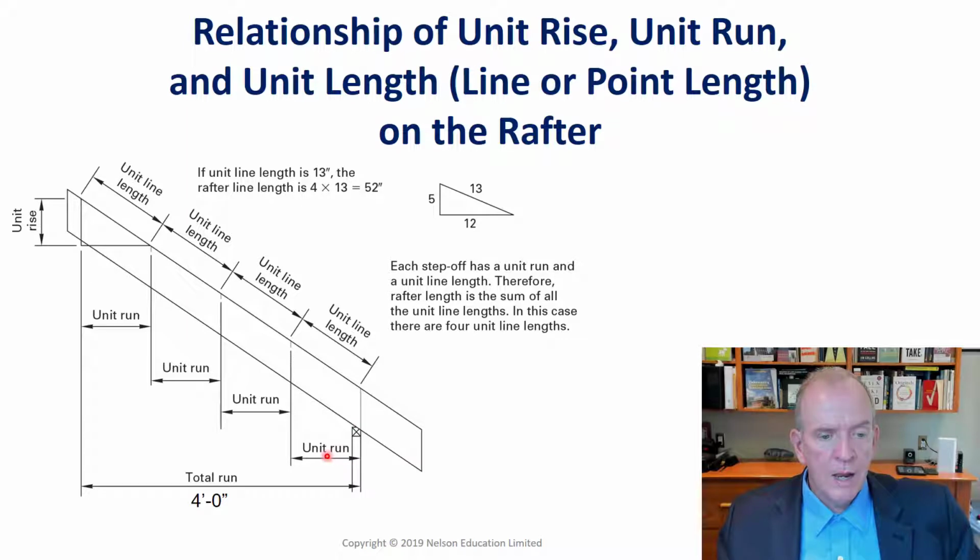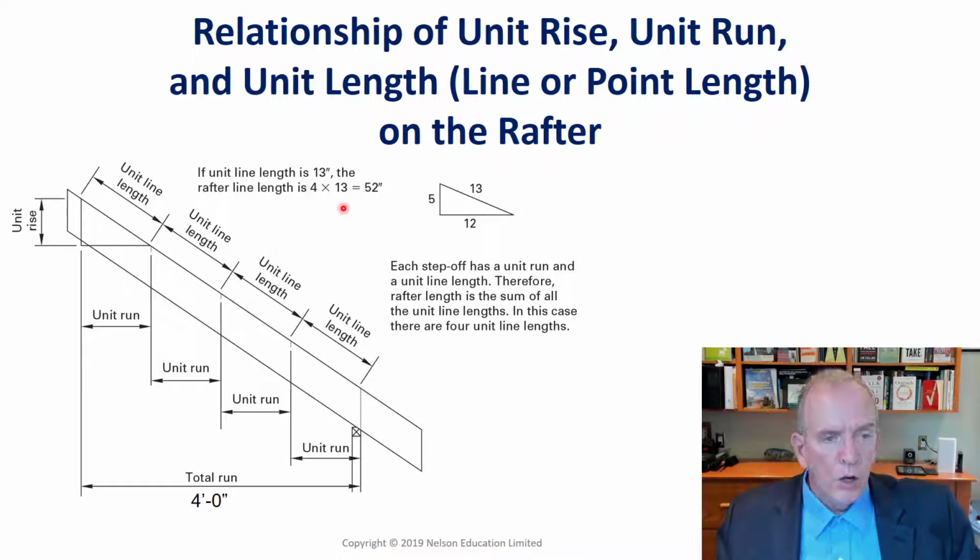Each time you step it off with your framing square set at 12 and going up 5 inches, 12, then again, 5 inches, 12, 5 inches, 12, 5 inches, 12, you will have come along 4 feet.